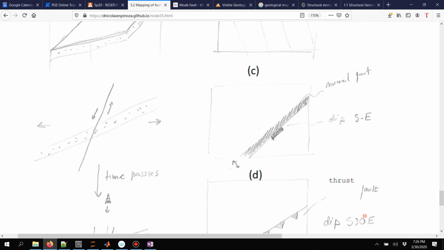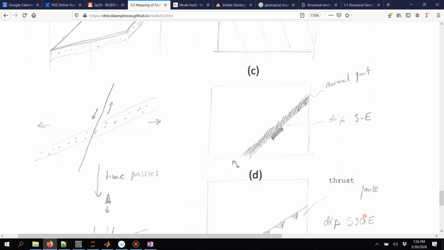In this example, it looks like more or less 60 degrees from the north towards the east, or you could also say 30 degrees from the east towards the north. And the position of the tick over here tells you in which direction the fault is dipping. So this particular fault with the tick on this side means that it's getting deeper as you move southeast.